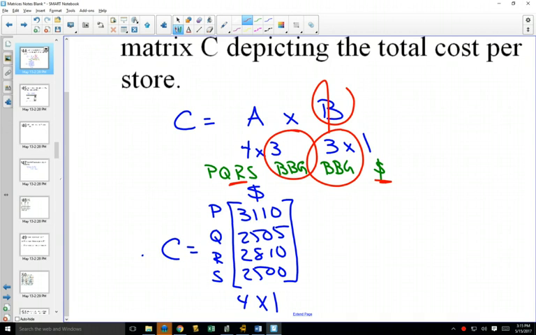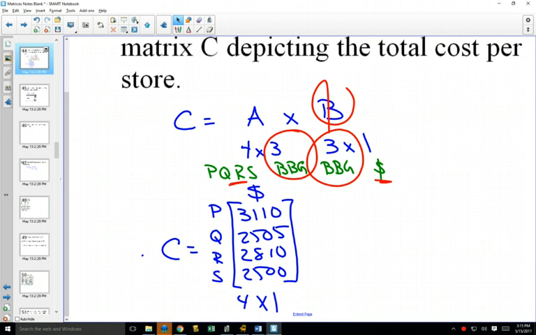So as long as your rows and columns match up and you multiply things together, then you can create new matrices, and those new matrices can give you other data. So depending on how many matrices you want to make, you might be able to get a bunch more data as a result.